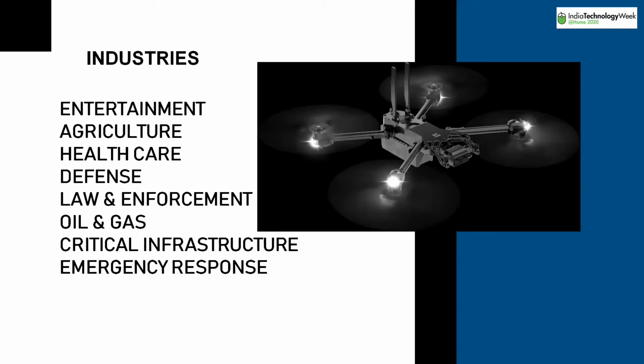But apart from entertainment, there are a lot of other things that drones can be used for, for example, agriculture. India is an agricultural country. The majority of the land is agricultural land, and drones can be very useful.